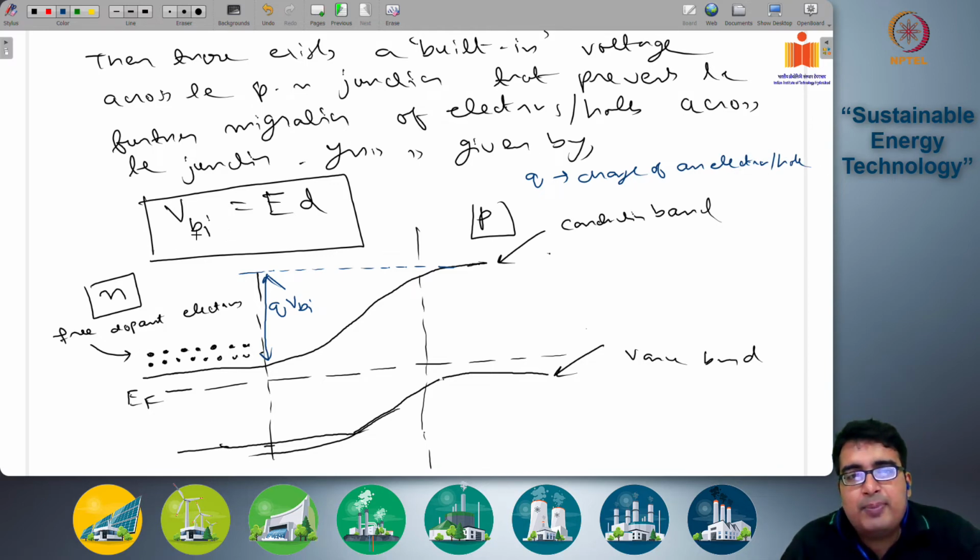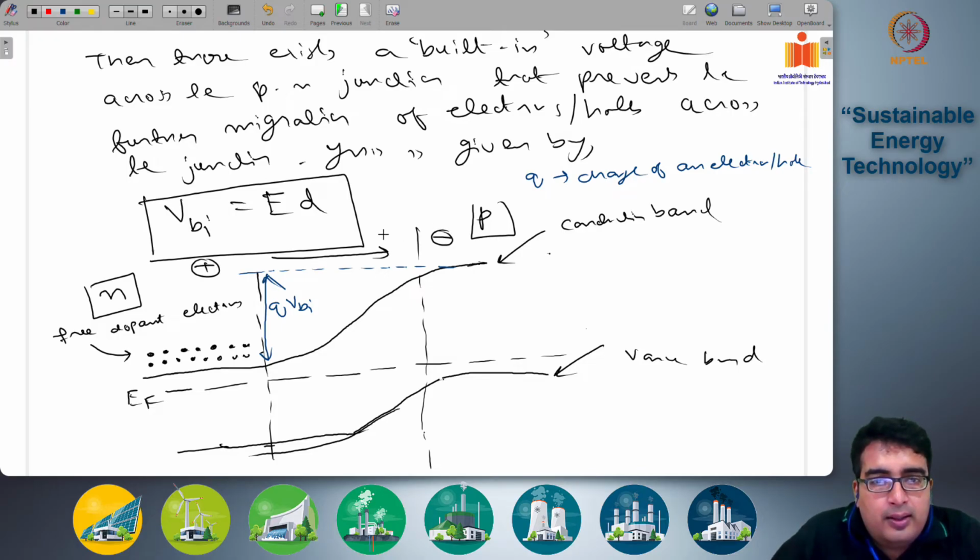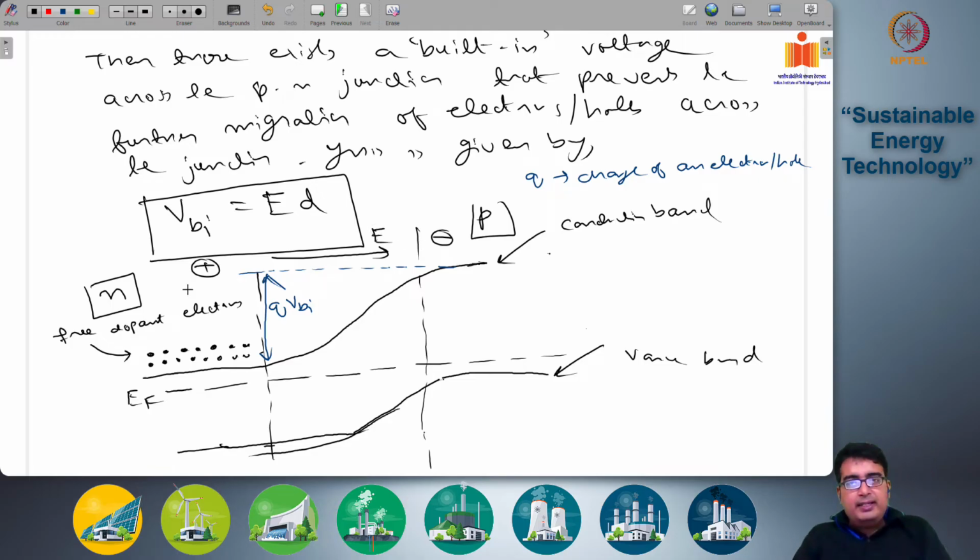Okay. So the total energy difference between the two sides is Q times the built-in voltage. Okay. Remember, n-type is positive. So this side is positive and this side is negative. So the E is in this direction. Okay, from the n-type to the p-type. And because of this energy difference, these electrons cannot move here.